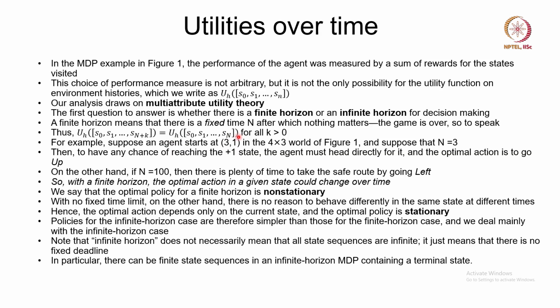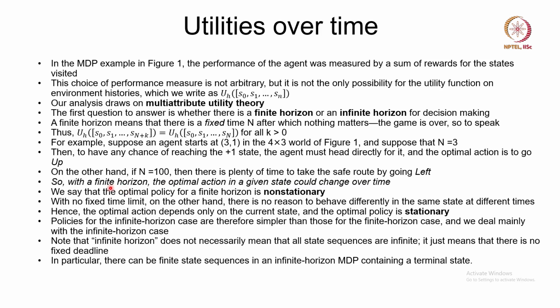So after Sn, whatever state you go to or whatever action you take, it makes no difference. That is what is known as the finite horizon. If your n is very small, say 3, then it makes sense to move towards the goal. Otherwise, if n is equal to 100, you have a lot of time to get there.